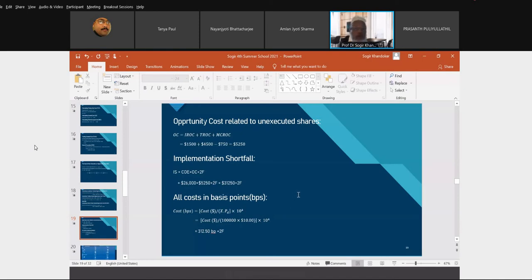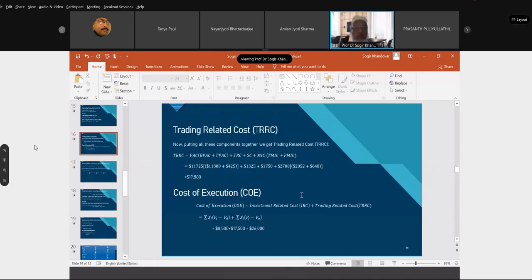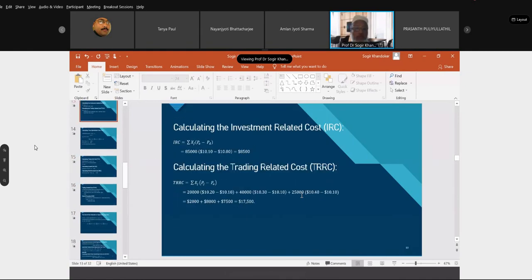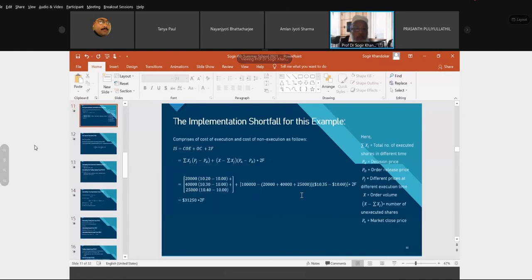In this way, one can easily calculate the total implementation shortfall. If he is not interested in knowing the individual components of this cost, then he or she can easily calculate the total implementation shortfall by using this simple formula.